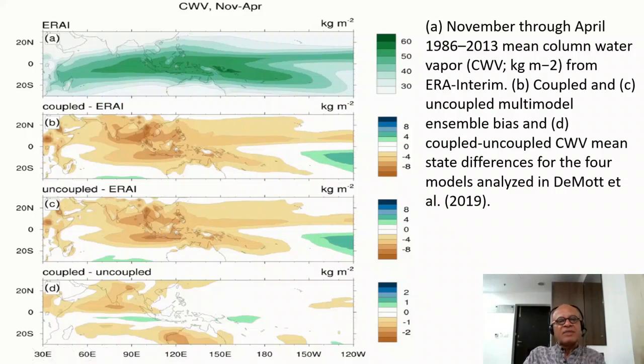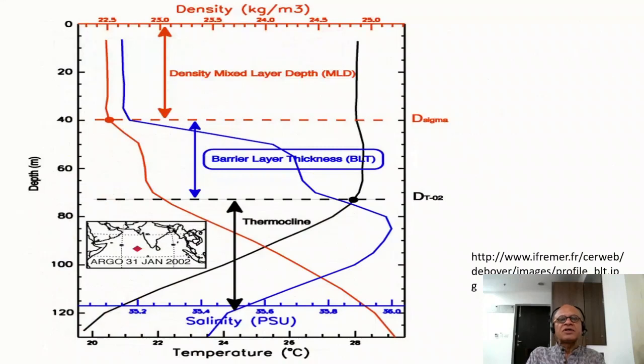So the model biases make it tricky to explicitly extract MJO feedbacks or coupled feedbacks within MJO and ocean processes and how they feed back to the MJO. I'll say a bit more about that in the next podcast on El Nino.